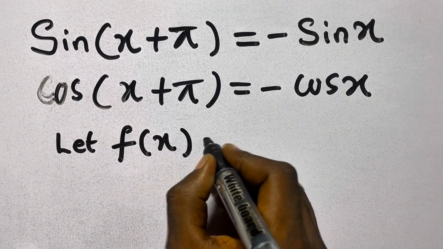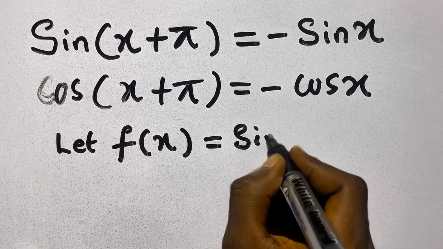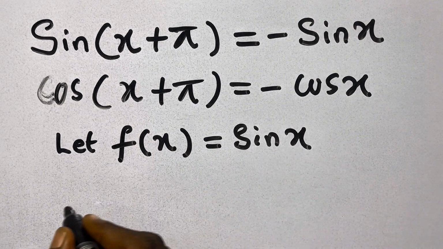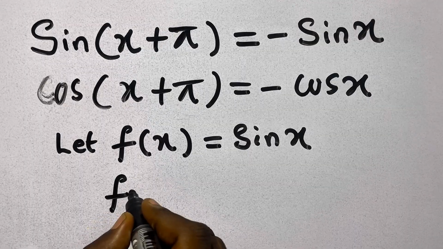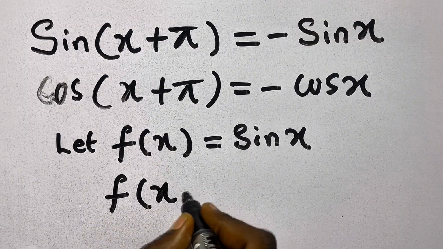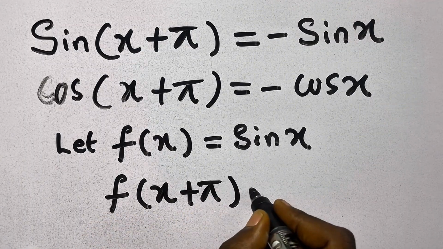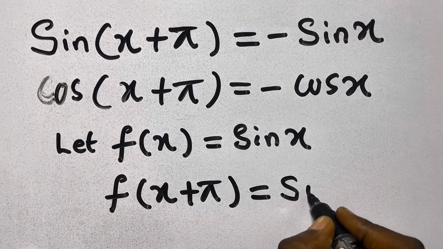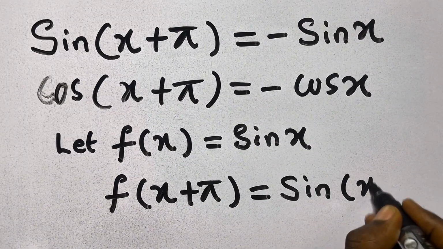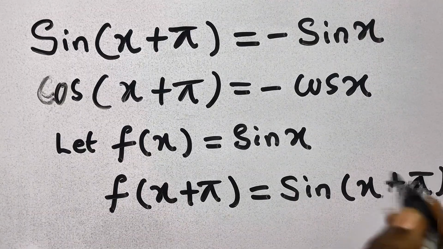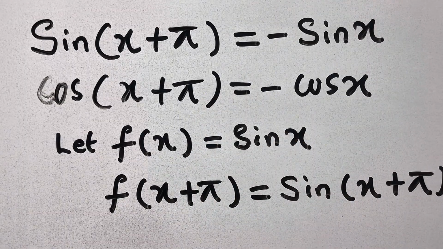All right. The next thing we are going to do is to let f of x equals sine x. And f of x plus pi equals sine x plus pi. So this is what we transform to be like this.